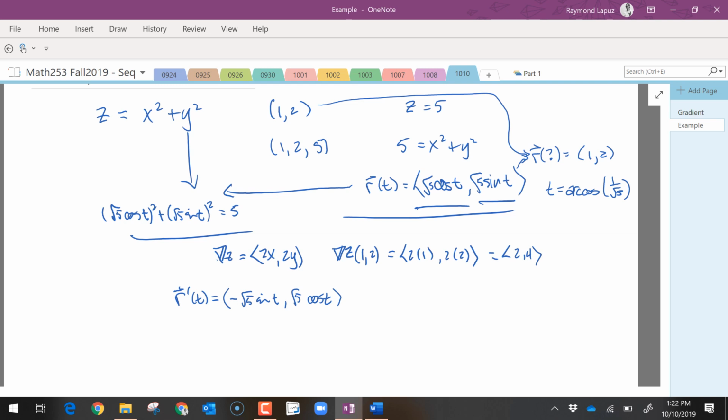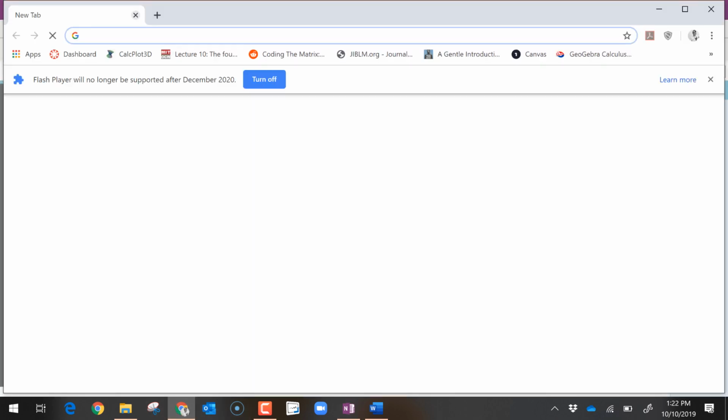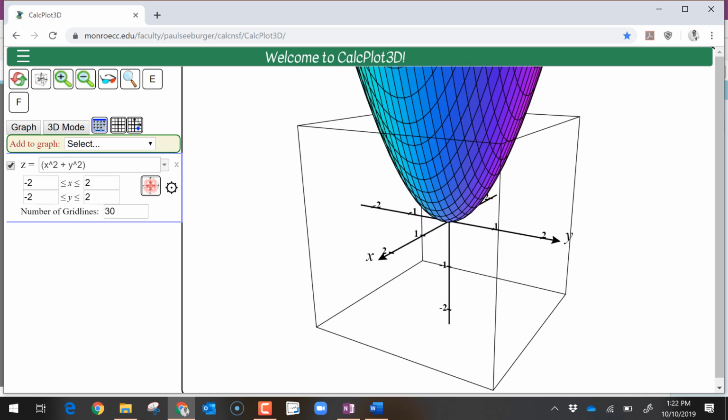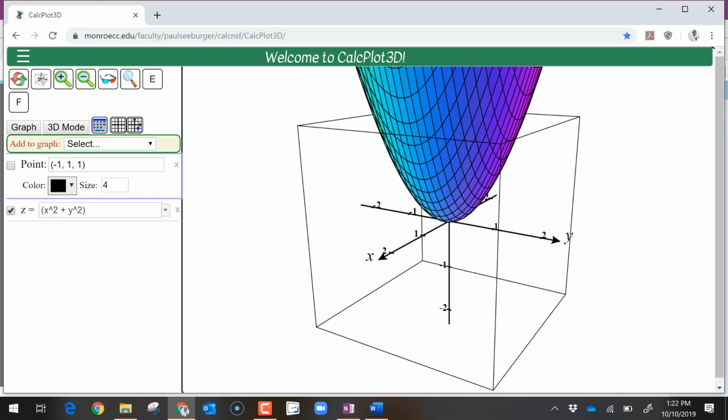Let's actually see it with a graphing program. So let's put all the pieces of information here. So I have my point. Looks like I might have to zoom out a little bit.